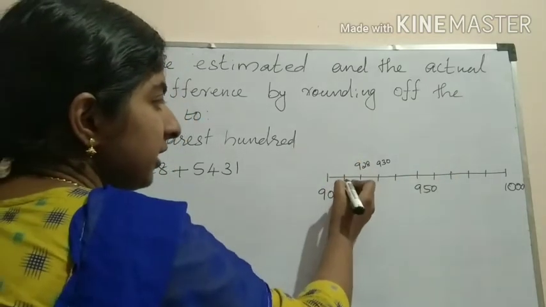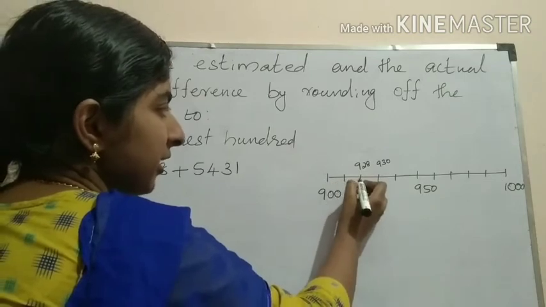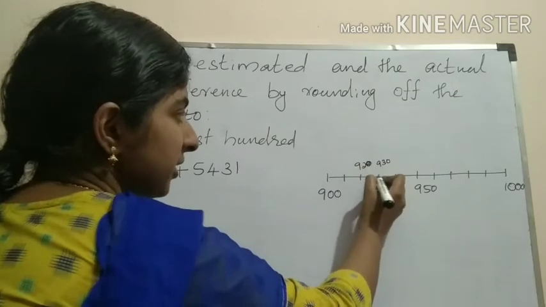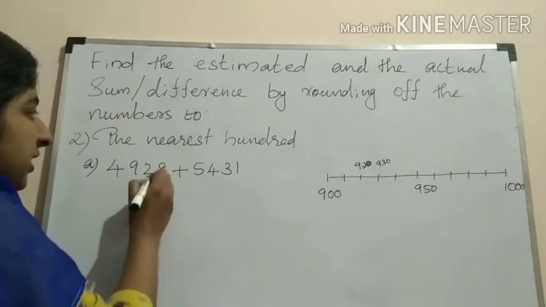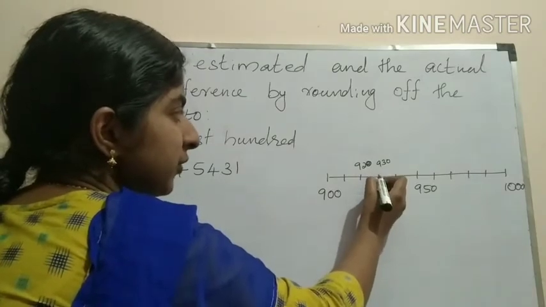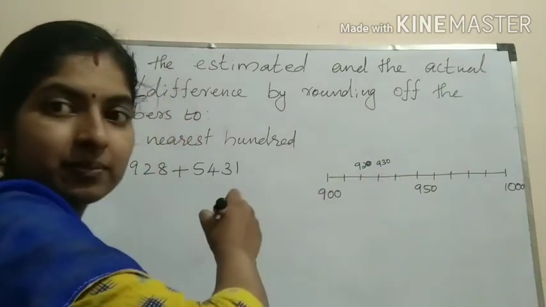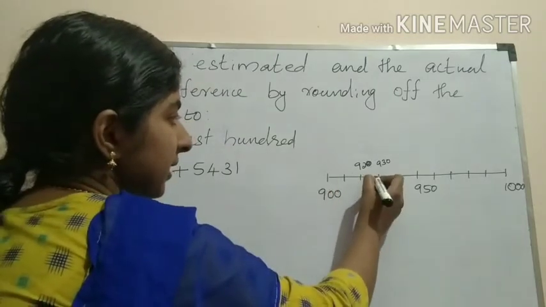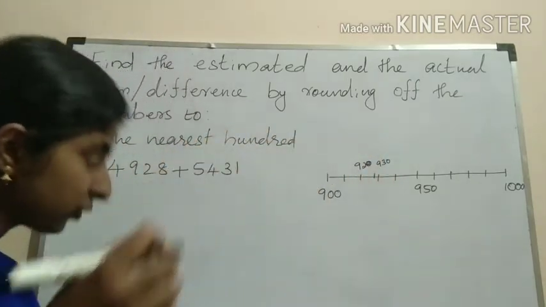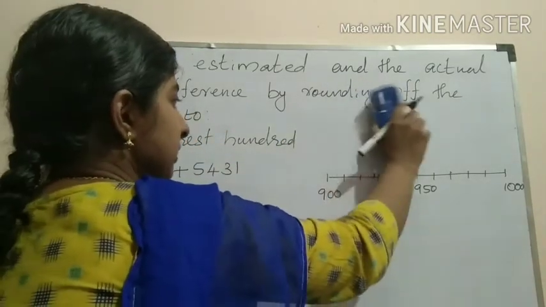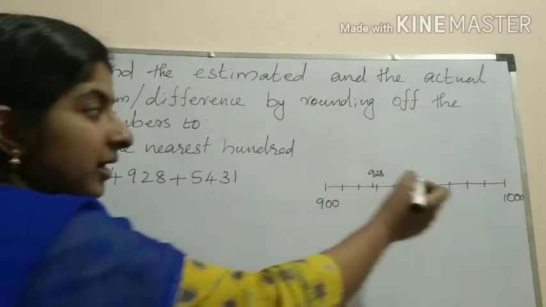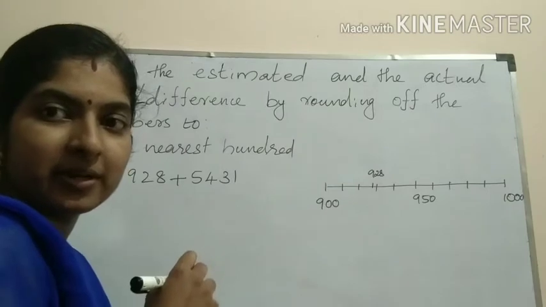Then 928. This one is 910, 920, 930. We need 28, just before 30. So 928 is here. 900 is the lower 100 and 1000 is the upper 100.